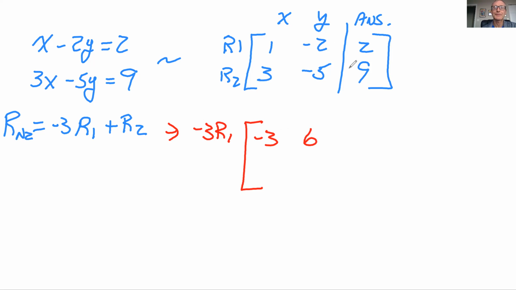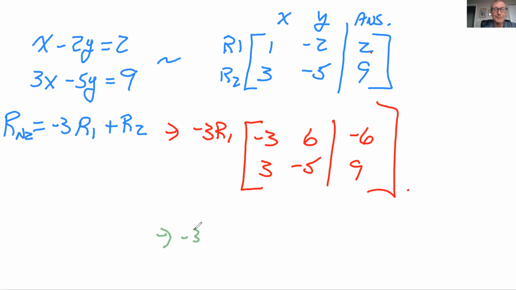And then minus 3 times 2 is minus 6. And then we'll take 3, minus 5 and 9. The next step is we're going to take minus 3 R1 and add it to R2 and replace that with our new R2. That's just like adding these equations together.